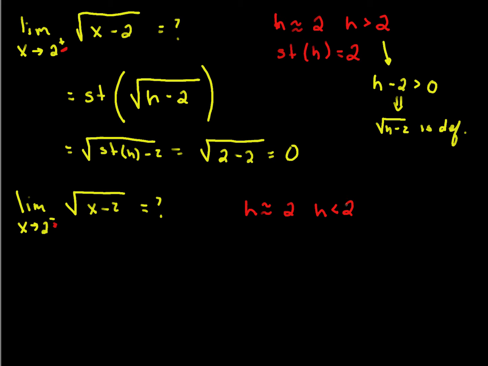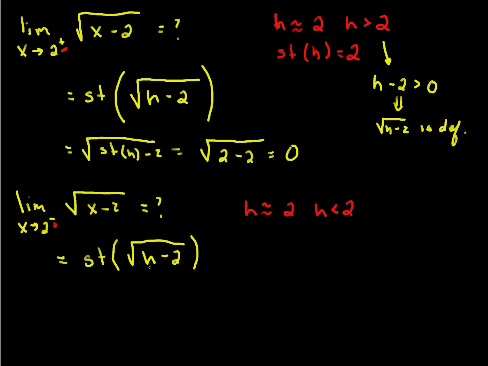So this limit, if it exists, will be the standard part of the square root of h minus 2.